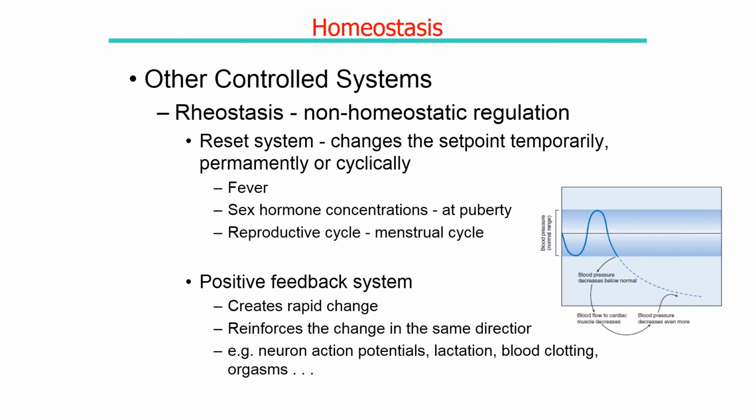For example, in case of blood loss during accidents, most of the deaths occur due to the positive feedback system, because we know the heart muscles need nutrients and oxygen for their function, and these are provided to the heart muscle through coronary arteries.